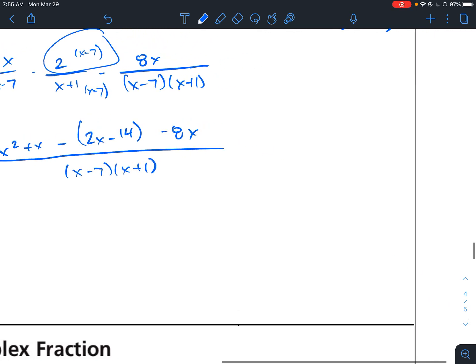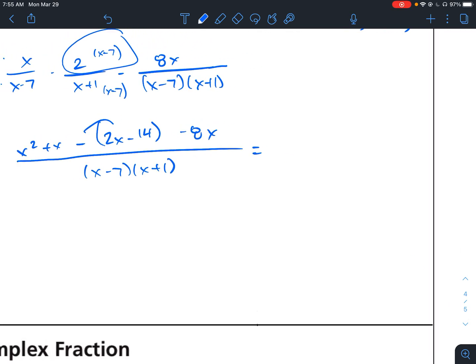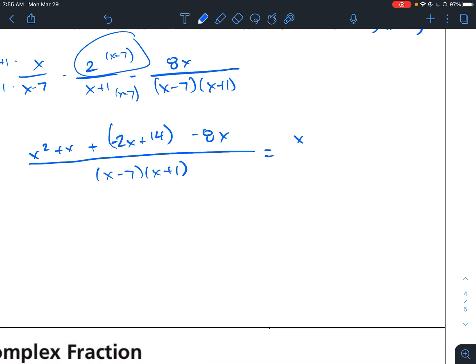If I simplify the numerator, this would be minus 2x, and this would be plus 14. So I get x squared, positive x, a minus 2x, and a minus 8x. That would be negative 10 plus 1, so I get minus 9x, and then plus 14, over x minus 7 and x plus 1.